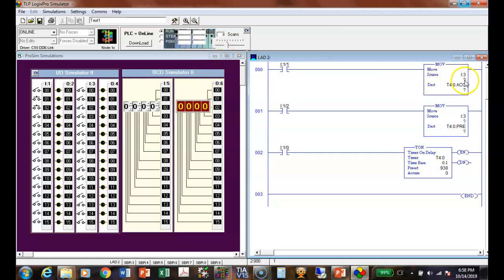And then I'm going to move it. Where am I going to put it at? Into the accumulator. So I can come over here and let me, am I on run?